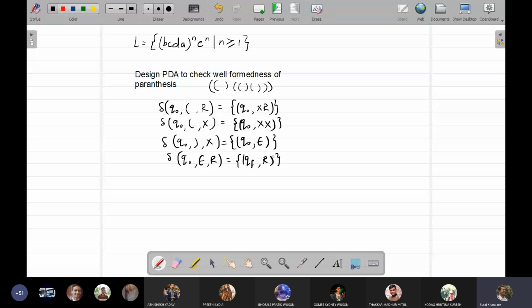Just take the above example and solve it. 2 opening brackets, 1 closing, 2 opening, 1 closing, 1 opening, 2 closing, and 1 more closing.